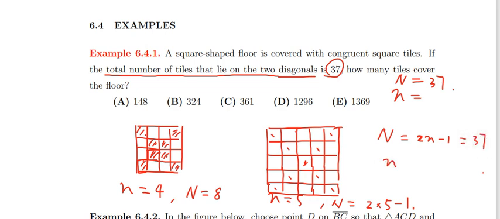So we find n equal 19, right? Okay, so how many tiles? So number of tiles equal n squared, equal 19 squared.